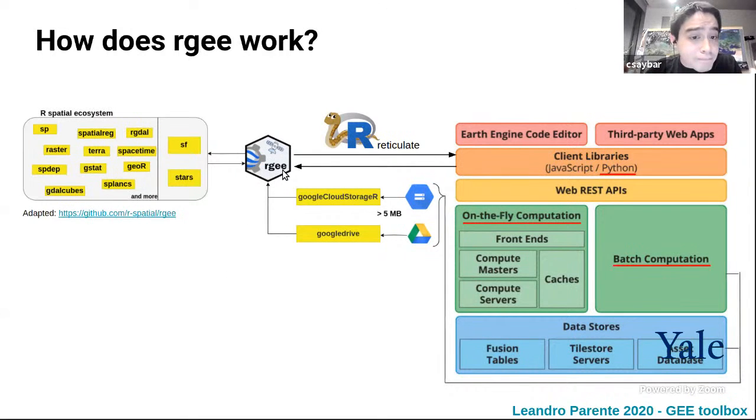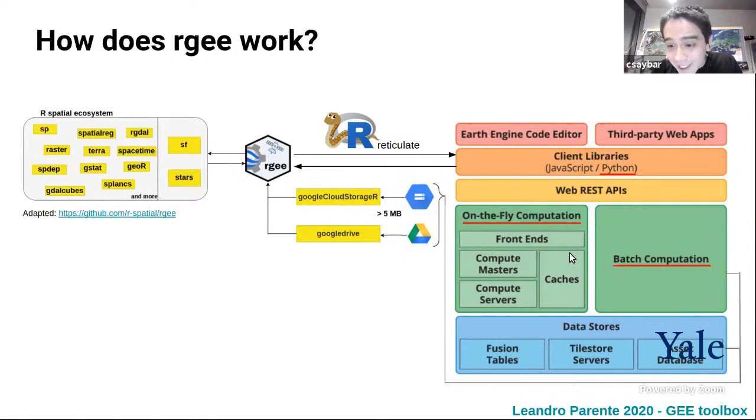We use reticulate, as I mentioned, to transform our R code into Python. And after that, we use the Python client library that is supported by Google to transform this Python code into a JSON file. This JSON file is sent to the server, the green part of this, using the web REST API.